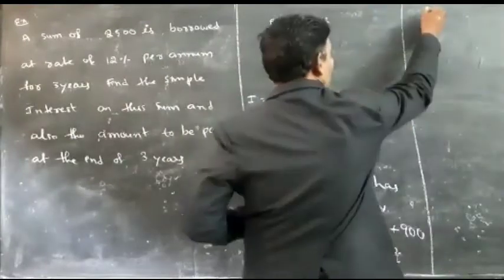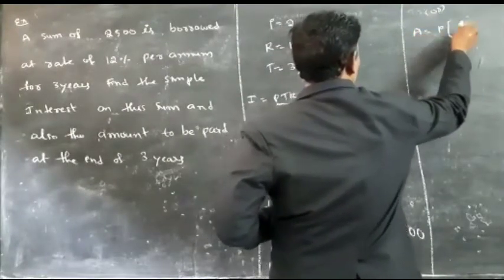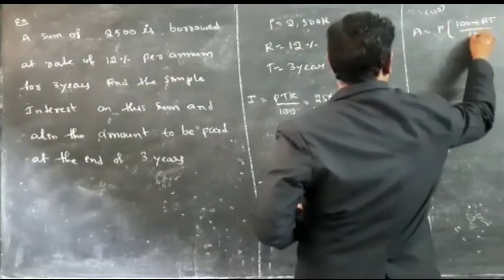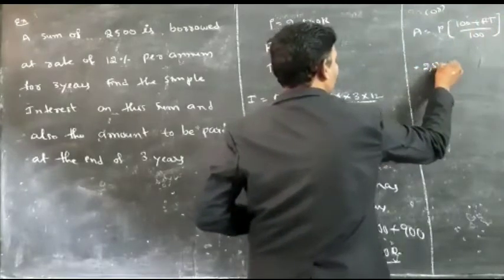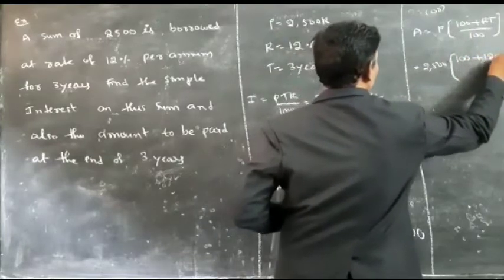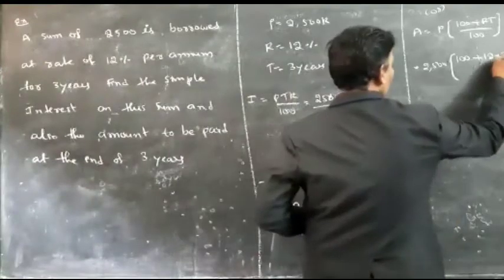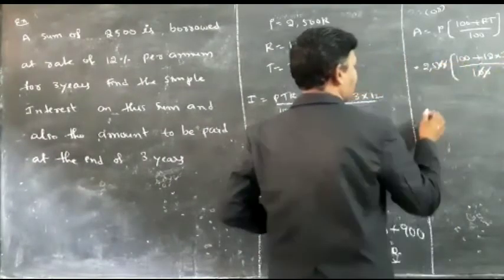Or we can use that formula also. A is equal to P times 100 plus RT by 100. We can use this formula also. P means 2500. 100 plus RT means 12 into, R means rate of interest, 12 into 3 by 100. 0 gets cancelled.